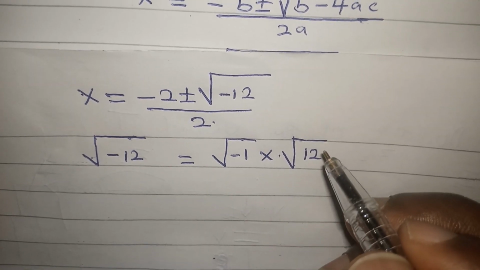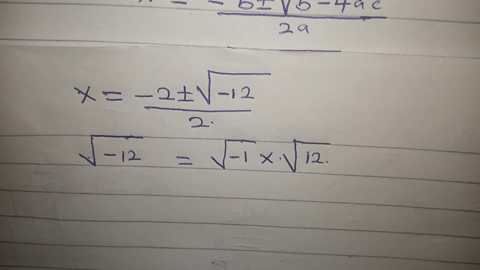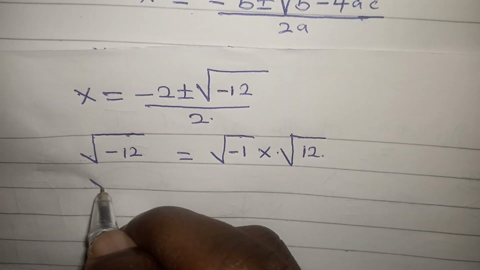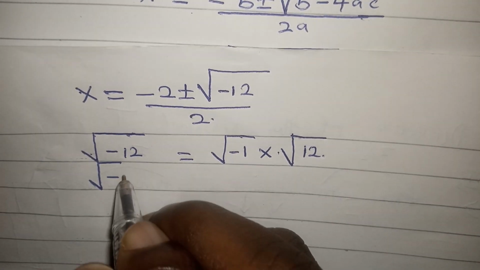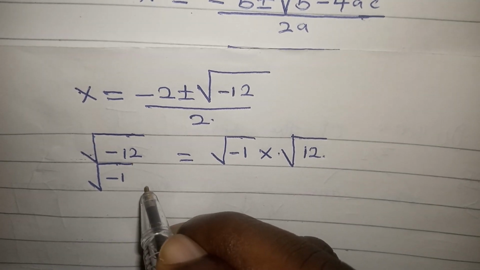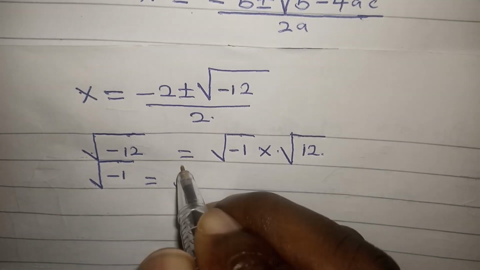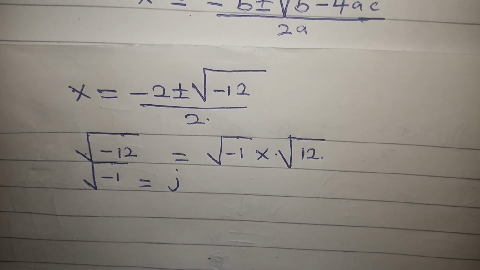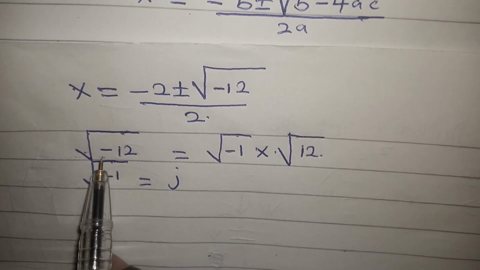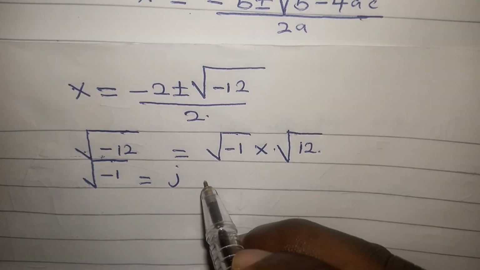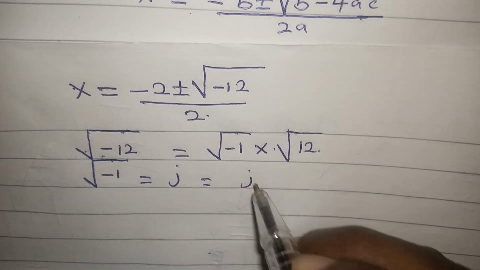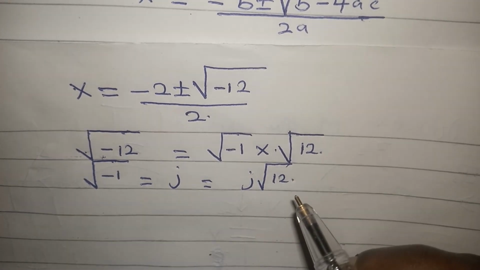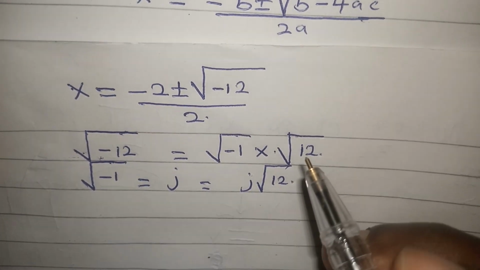Okay, because we apply the radical rule here. And you must note that the root of minus 1 is equal to j, which represents the imaginary number, because the root of minus 12 is in the form of a complex number. So this is equal to j root 12.